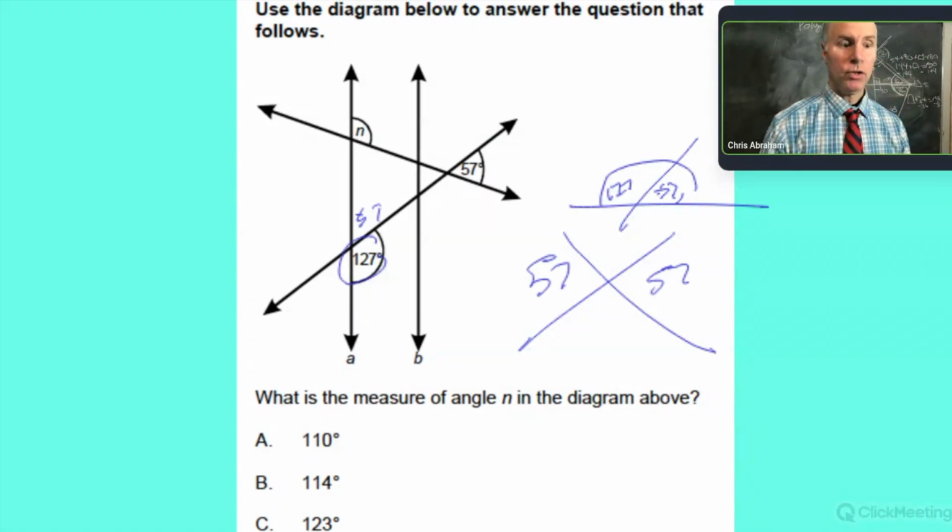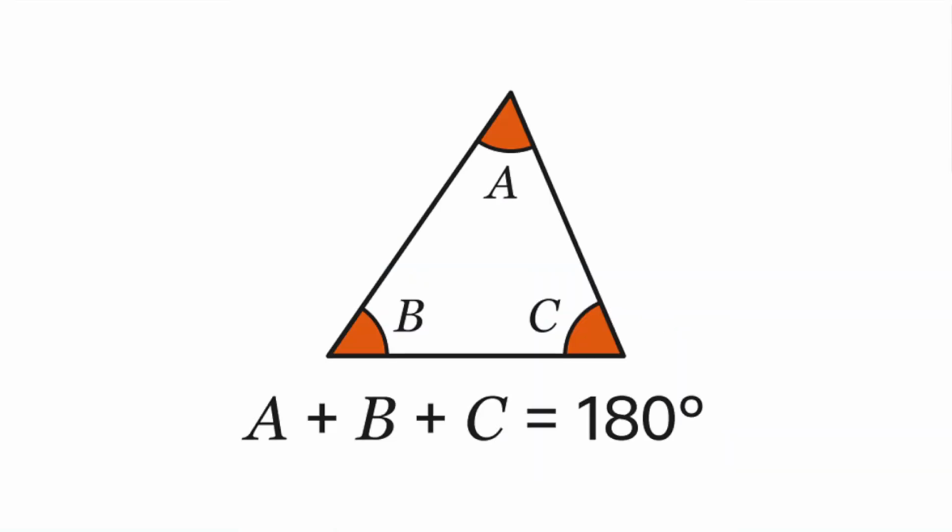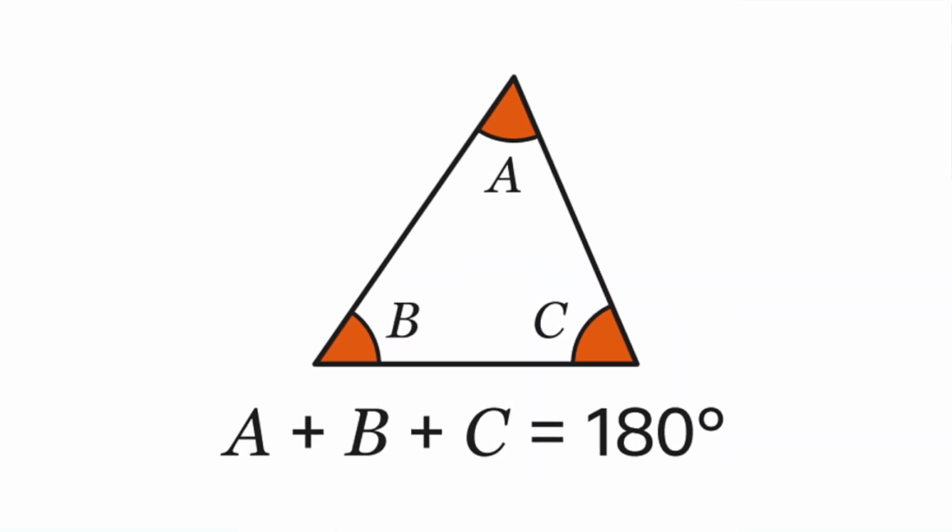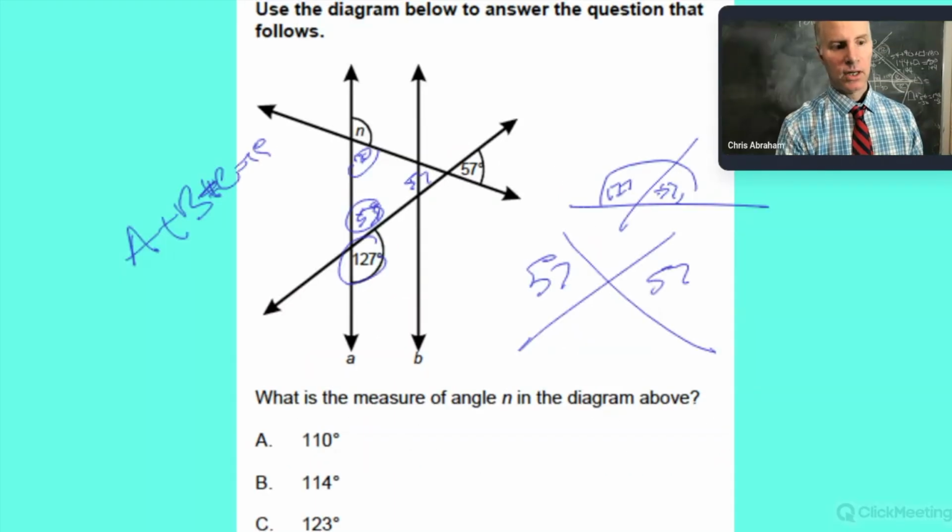We also could have used this rule involving interior angles of a triangle add up to 180 degrees, right? If we did that, we would have had 53 plus 57 plus, in this case, 70. That adds up to 180, and we could use that. So we have this rule, A plus B plus C equals 180. And then we have that fourth rule.